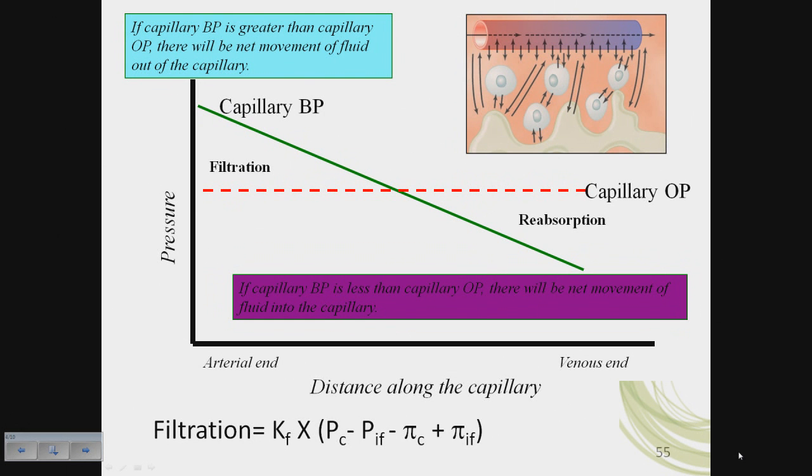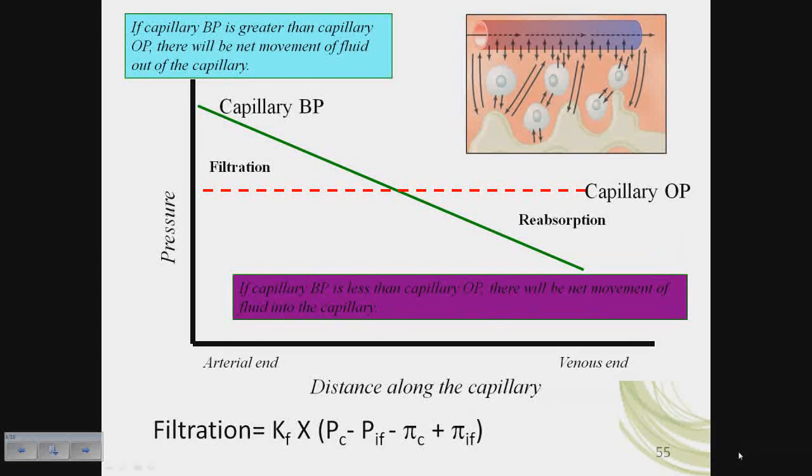Look, capillary hydrostatic pressure was what? 17.3. Hydrostatic pressure from the interstitial fluid was a negative value, -3. The colloid osmotic pressure from the interstitial fluid was 8, and the capillary colloid osmotic pressure was 28.